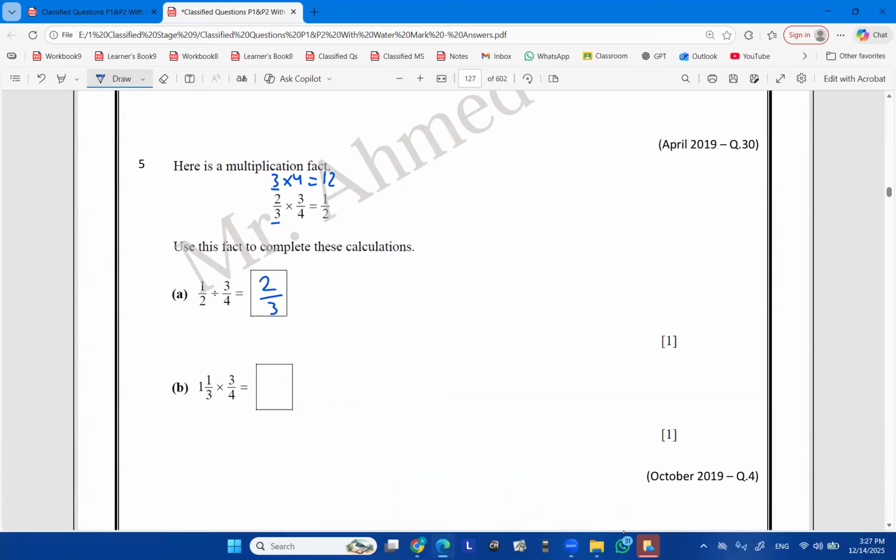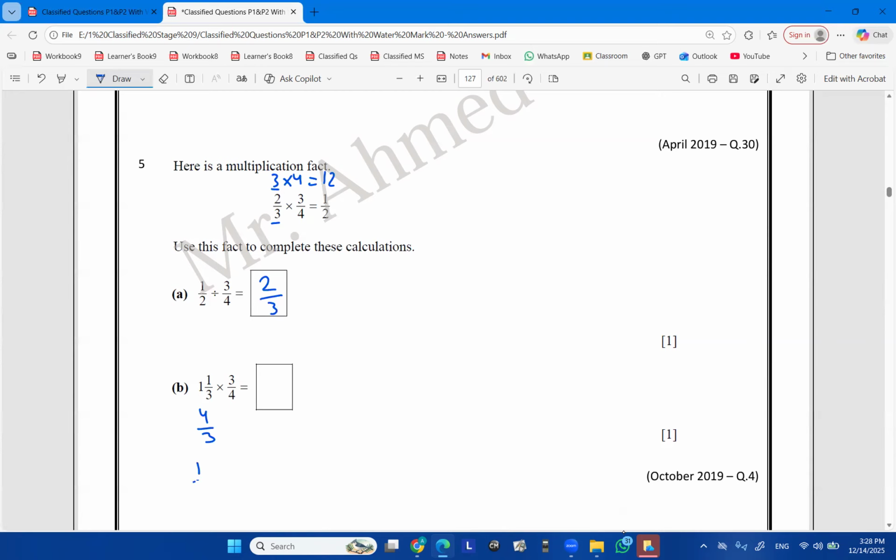Now, they're saying to you 1 and 1 over 3 times 3/4. If you noticed, you're going to find that this is doubled. 1 and 1/3 is actually 4 over 3, right? They're giving you up there 2 over 3. Aha, so the answer must have got doubled.